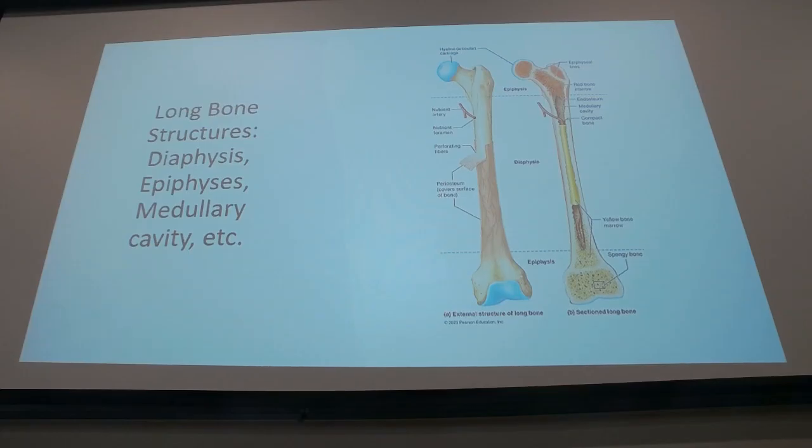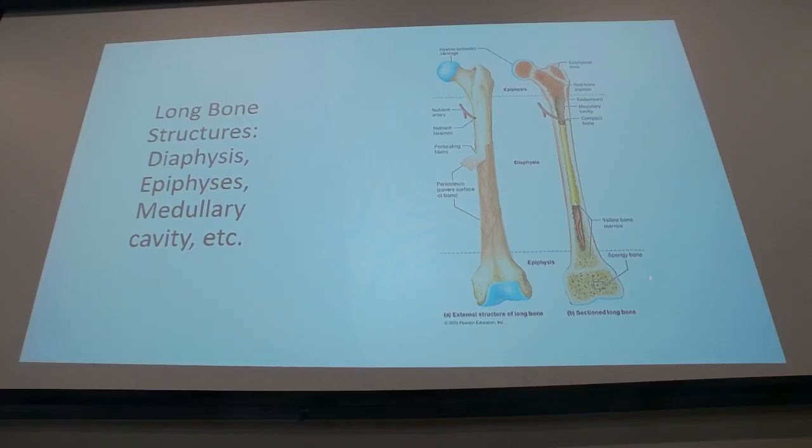Now, if you make a longitudinal section, a section along the length of the bone, you will be able to see that in the epiphysis, at least in the proximal epiphysis, which is this, you have red bone marrow. And in the distal epiphysis, you have spongy bone, but you don't have the red marrow there.